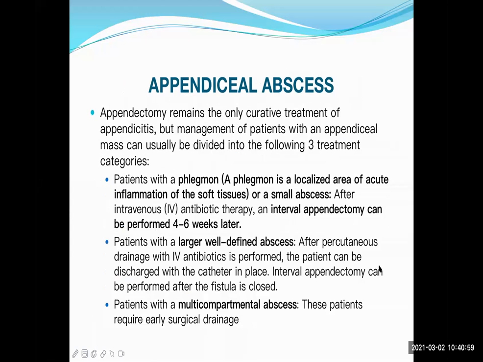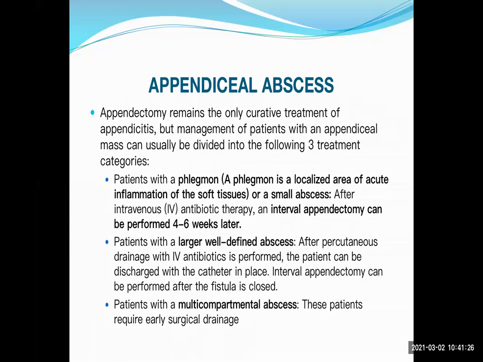Let's move on. Now, how to manage it? That's an important question to answer now. Now, listen here. There are different types of concept here. Some of the surgeons say our body is already trying to contain the infection in the appendix by wrapping it up with the help of greater omentum.